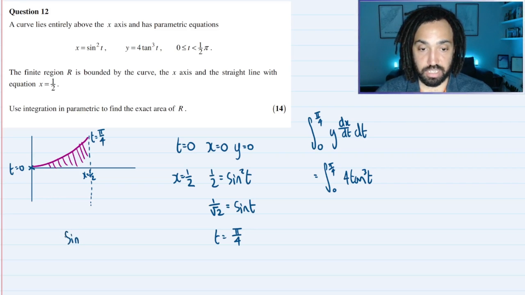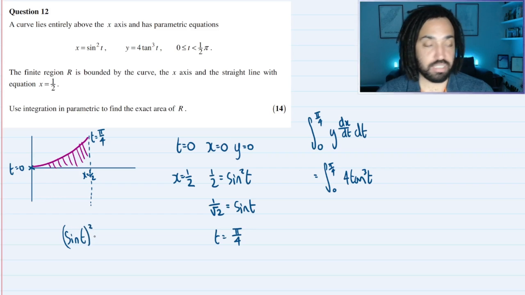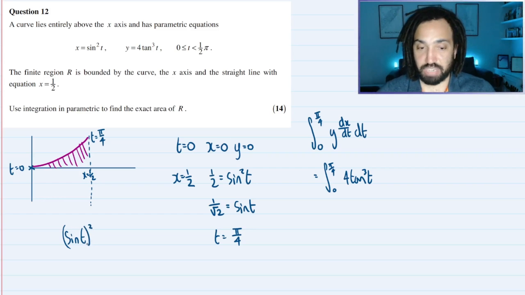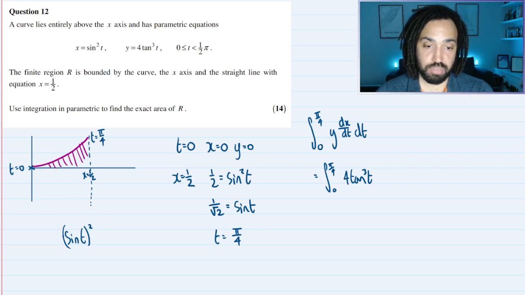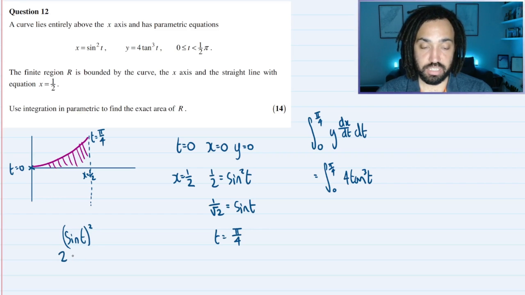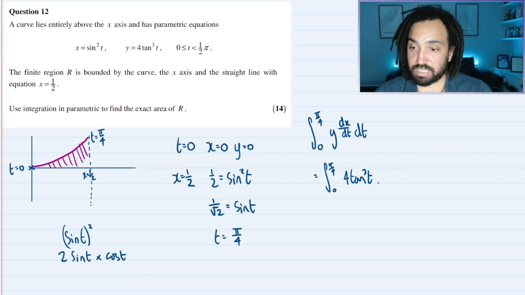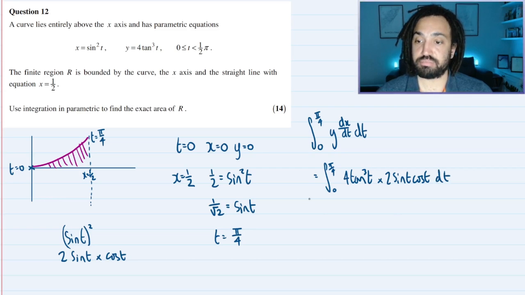If I have sine squared, then I use what I call the bracket rule. It's the chain rule. The 2 comes down to the front, the bracket stays the same, we drop the power down to 1, and then we times by the derivative of the bracket, and the derivative of sine is cos. So we get 2 sine t cos t dt. Okay, so the 8 can come out because 4 times 2 is 8.